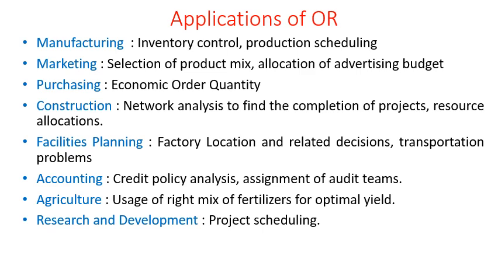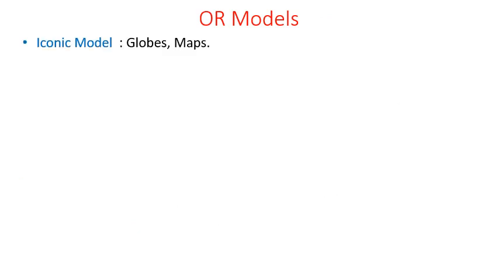Research and development: project scheduling problems, again. OR models. Different types of models, different classifications of models, we will see one by one. First one is the iconic model. Examples are globes and maps. These are the physical or pictorial representations of various visible features of the real system.